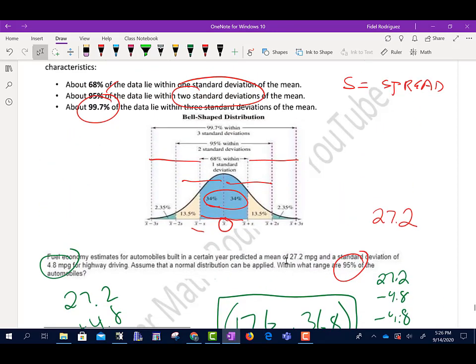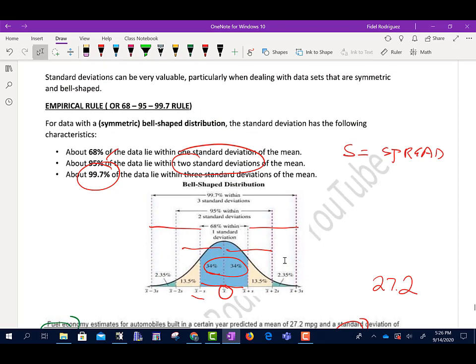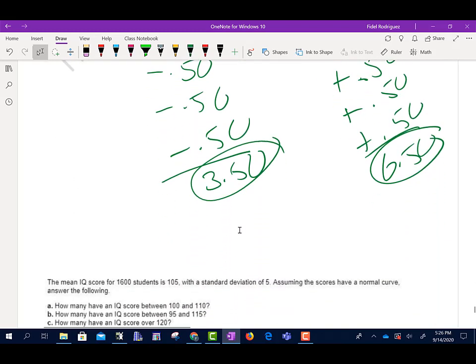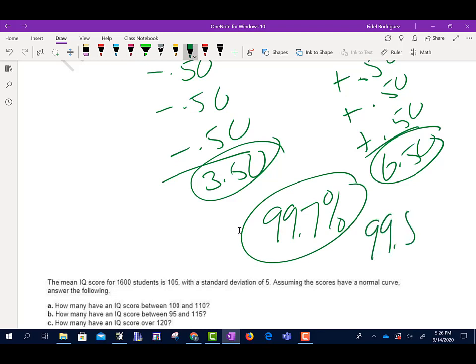If I come back up here and look at this piece that says about 99.7% of the data lie within 3 deviations of the mean, I had to do that 3 times. So what percent would I have? 99.7%. Sometimes, guys, they use 99.8, just to give you a heads up.